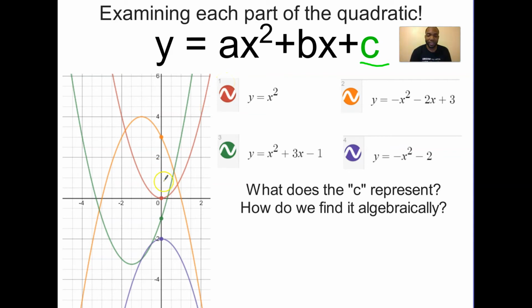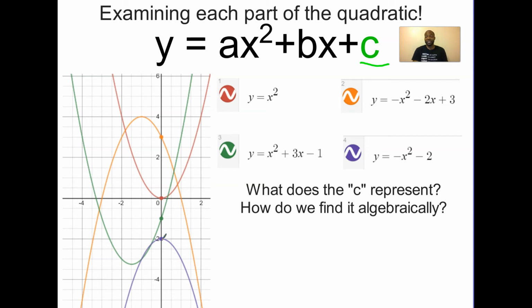Every dot that you see represents C. This is the red dot of C. This is the orange dot of C. This is the green dot at -1, and this is the purple dot at -2. So the red dot at 0, the orange dot at 3, the green dot at -1, and the purple dot at -2. I will make this an Ed Puzzle question.